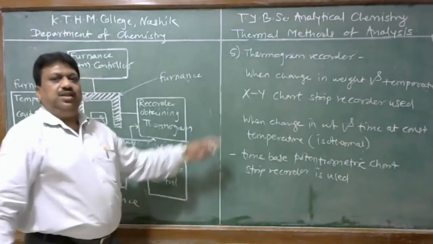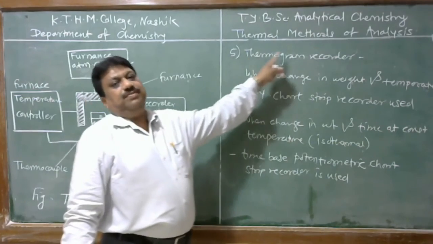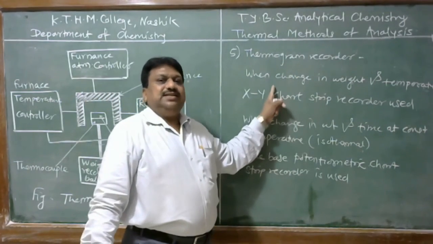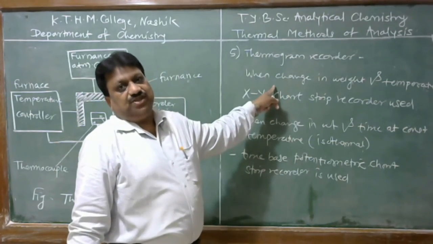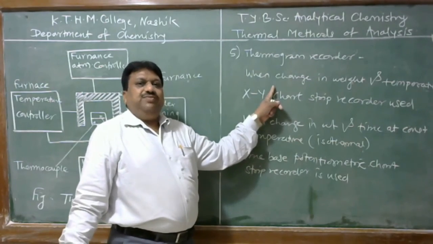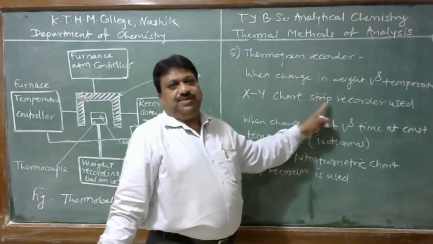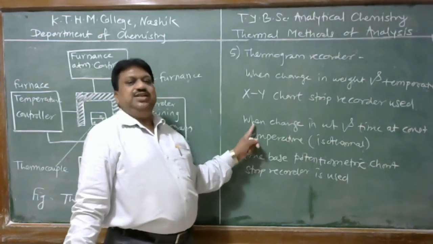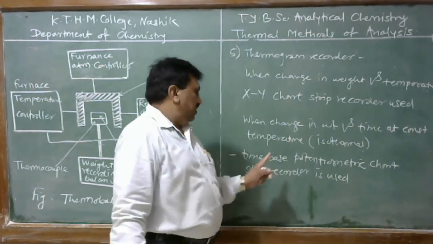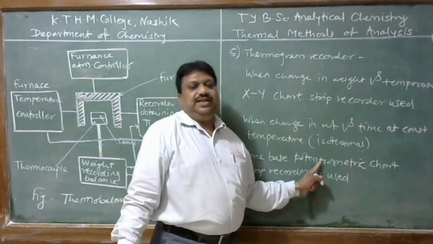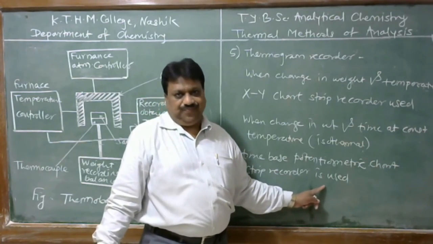Therefore, the fifth component of the thermobalance is the thermogram recorder. Thermogram is a graph of change in weight of substance as a function of temperature or as a function of time. For temperature, an XY chart recorder is used. For time at constant temperature, a time-based potentiometric chart strip recorder is used for recording a thermogram.